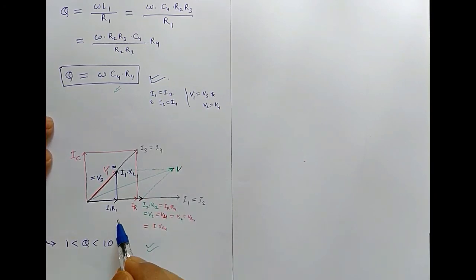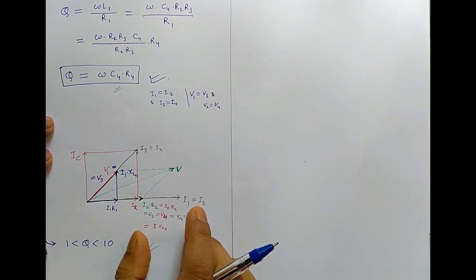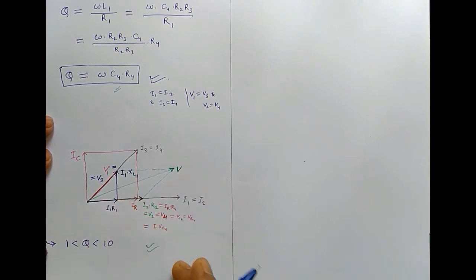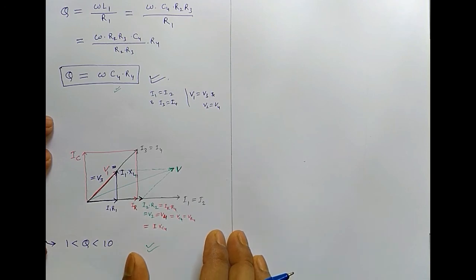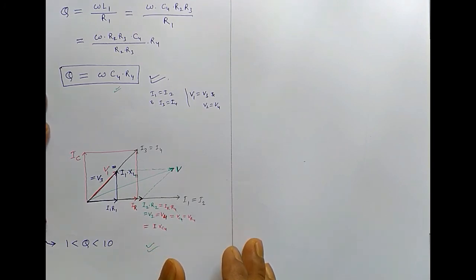Here in this circuit, a variable capacitor is used to balance the circuit, and it is very difficult to find a standard variable capacitor of very high accuracy. These are some disadvantages of this circuit.